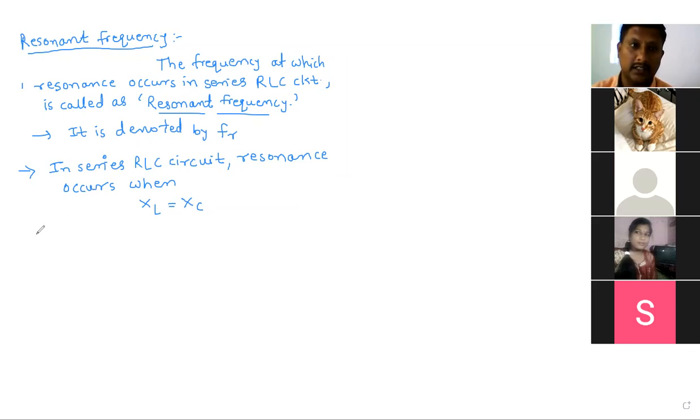Okay, that is the condition we have already discussed. So the next point: at resonance, what will happen? What are the things that are going to change?